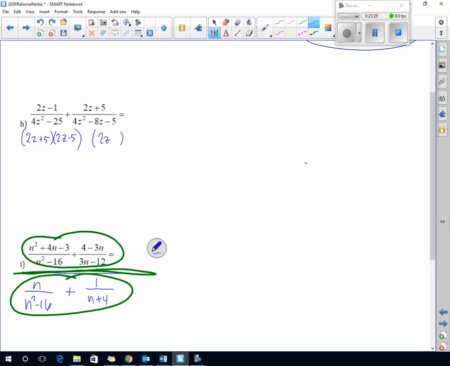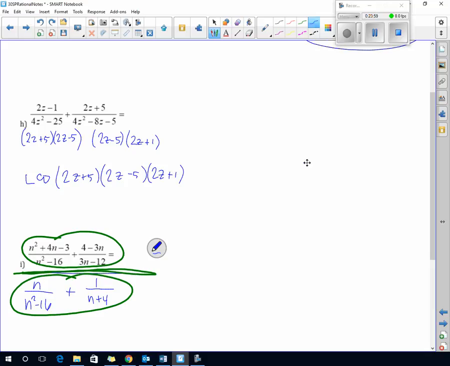Yes, that will work. So my LCD is (2z plus 5)(2z minus 5)(2z plus 1). I always put a line in the z's because it gets mixed up with 2's otherwise.